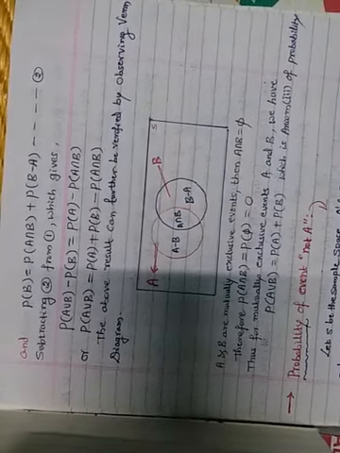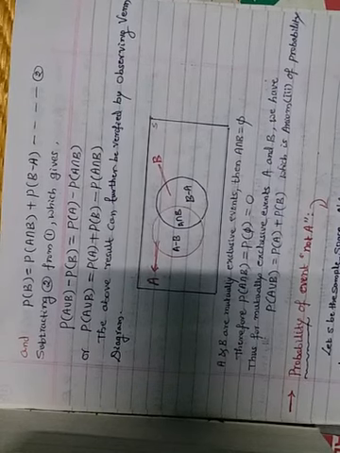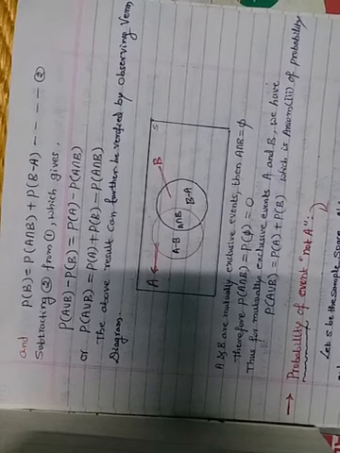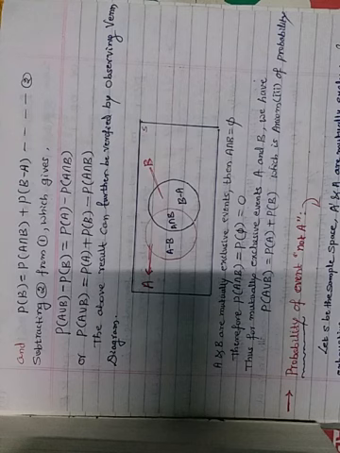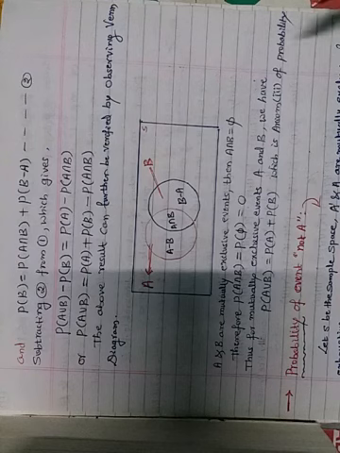Thus we have to justify that for the mutually exclusive events A and B, the probability of A union B is equal to probability of A plus probability of B, which is found by axiom number 3 of the axiomatic approach of probability.